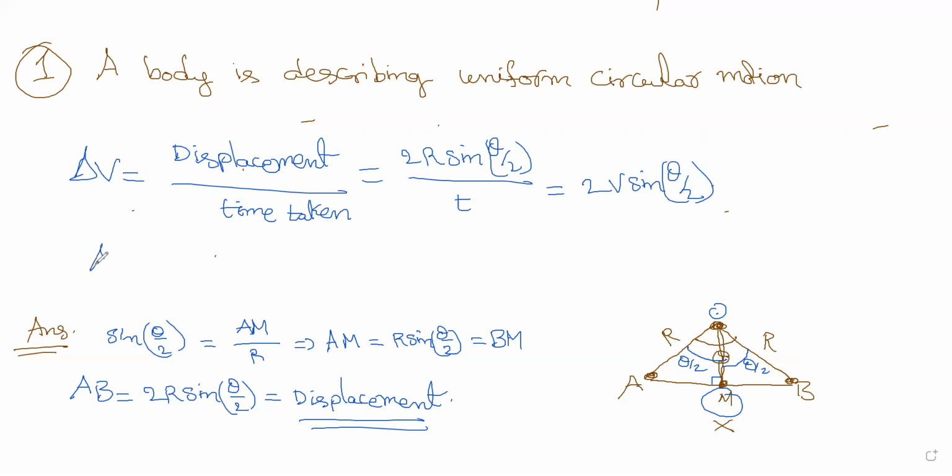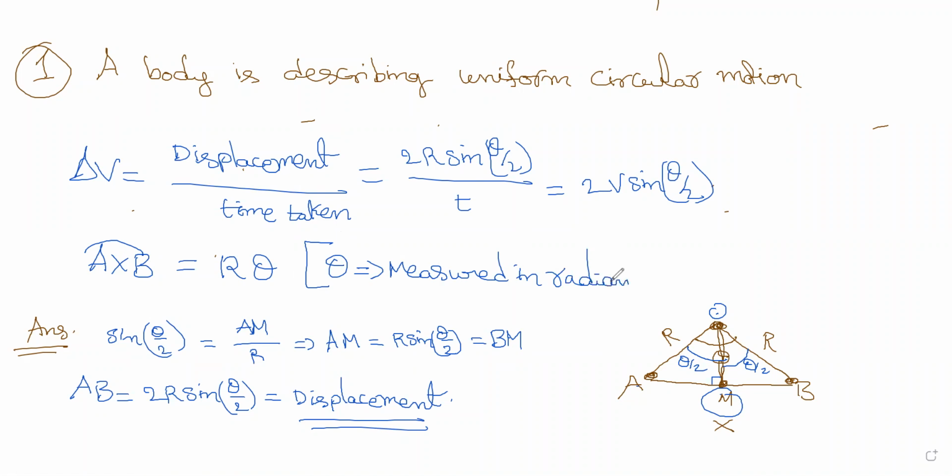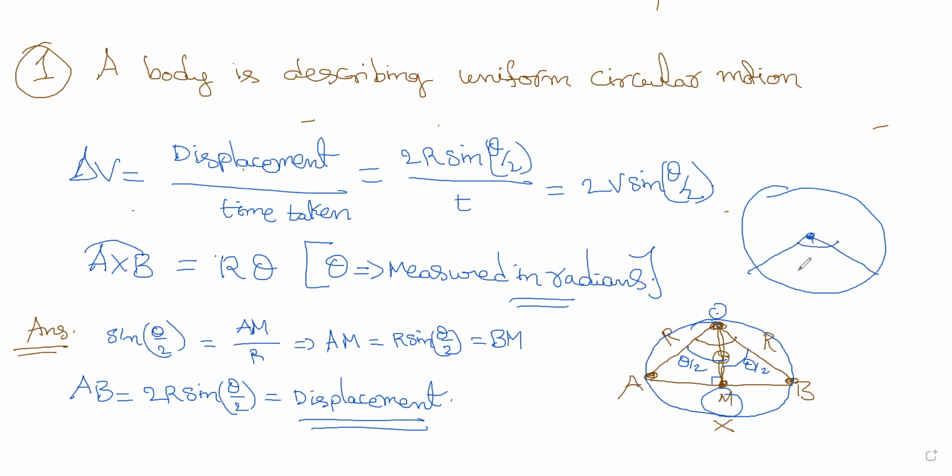Now what is the arc length? That is the distance. Arc length is given by L equals R theta, where theta is measured in radians. Theta should be measured in radians. These are the things you have to know. So here it is the circle. This is the condition, theta.